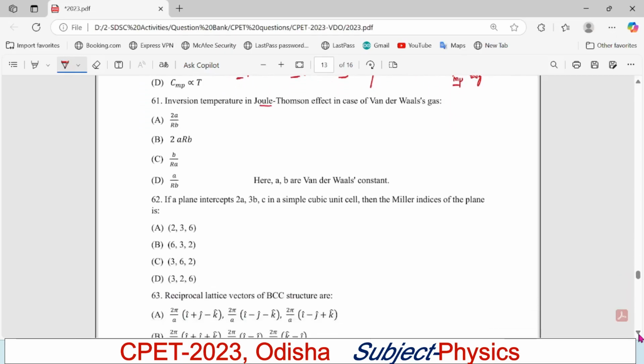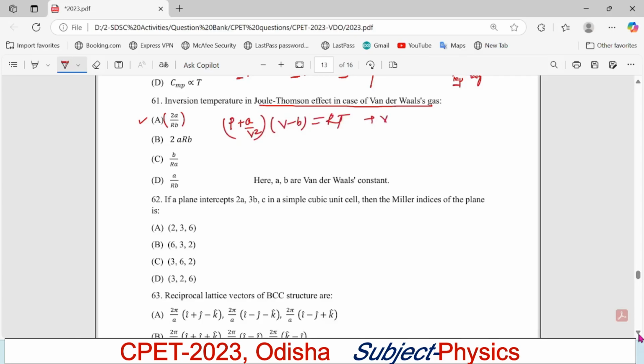Inversion temperature in the Joule-Thomson effect in the case of a van der Waals gas. The option is 2A by RB. You have to remember, because the van der Waals gas equation is nothing but this one, P plus A by V square into V minus B equal to RT.